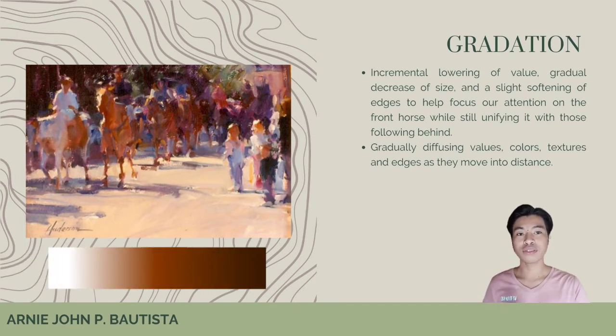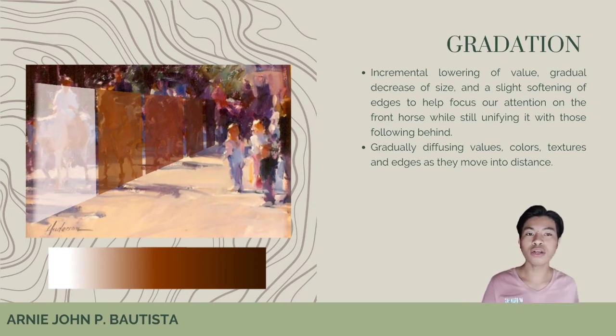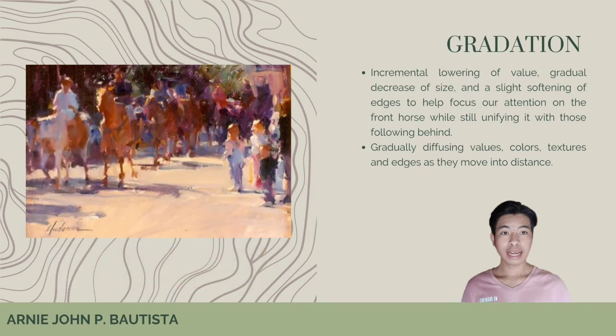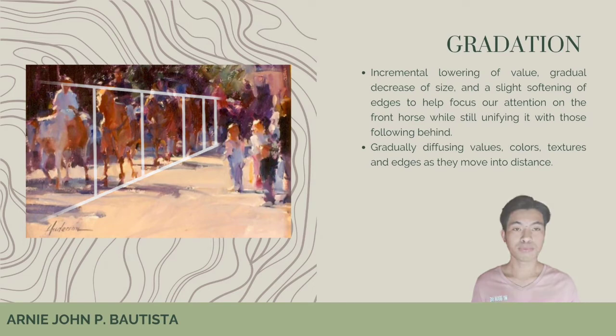As these lines of horses become farther, the color of the horses becomes darker and darker. It started from a white color, next to a light brown, and then to a way darker brown, and then to more darker and darker. Alongside the colors, the sizes of the horses are gradated as well. As the images of the horses go farther, their sizes become smaller and smaller.